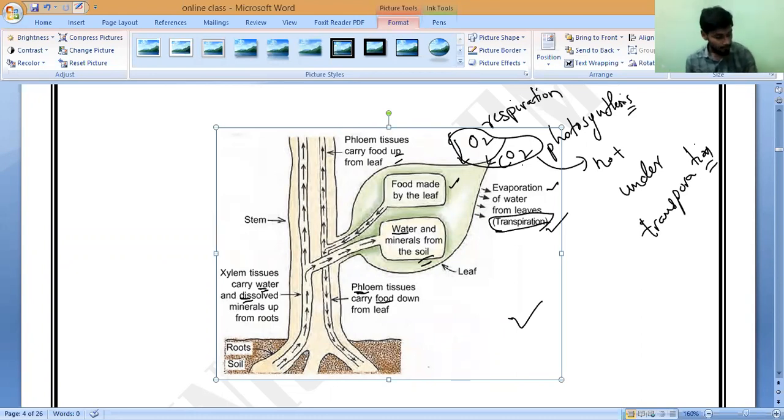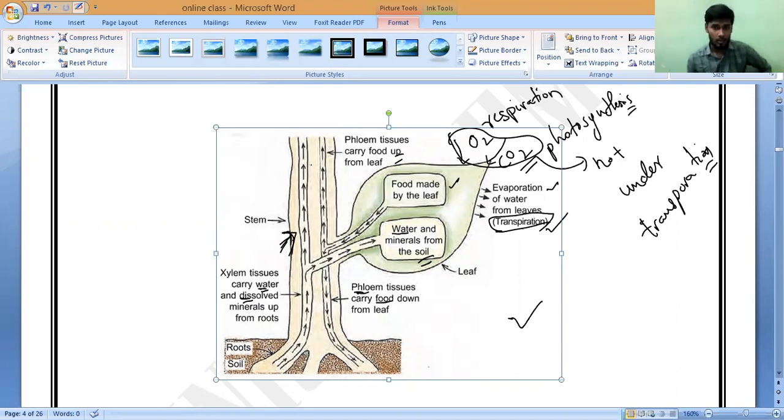Correct or not? And you may ask me, sir, how can this stem absorb carbon dioxide? Carbon dioxide is not needed for this stem. Is it yes or no? It needs only oxygen, because it does not contain chlorophyll. Correct or not? If there is no chlorophyll, then there is no need to absorb carbon dioxide.